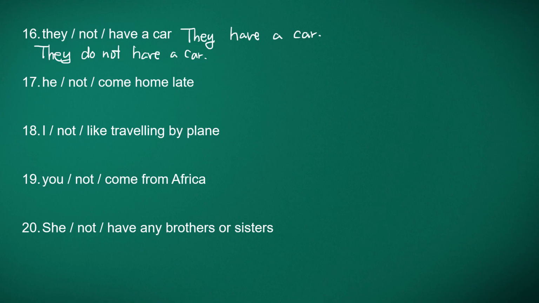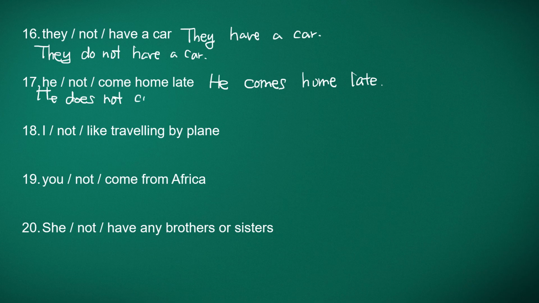And number 17, he comes home late. He, third person singular, so we need an S. He comes home late, and then negative will be he does not. He does not come home late.